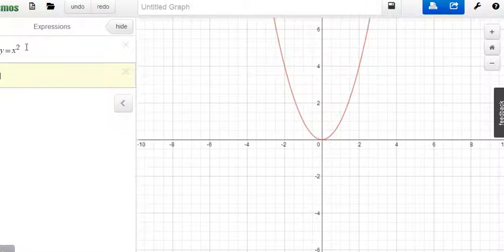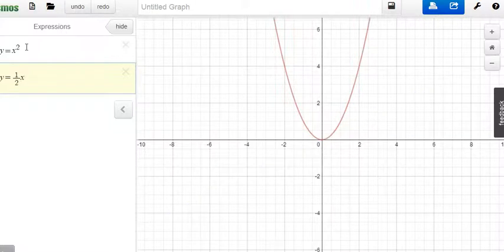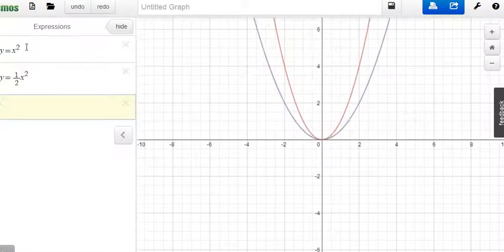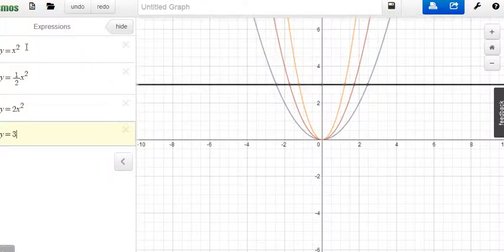All right, what else do we want? We want 1/2 x squared. We want 2x squared. We want 3x squared.